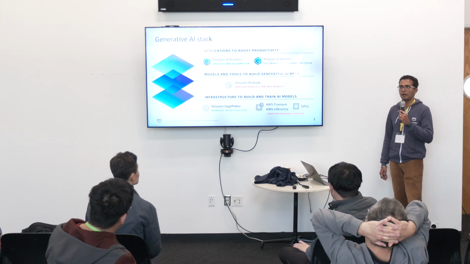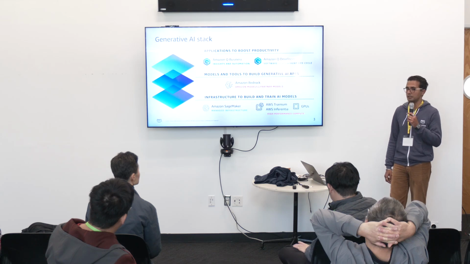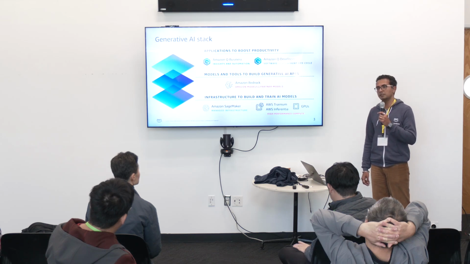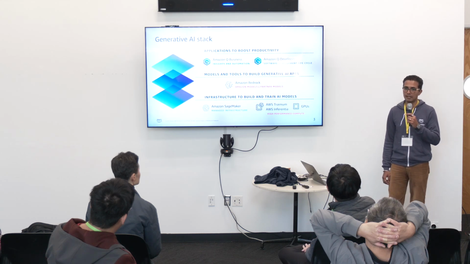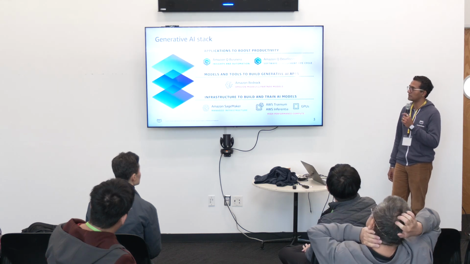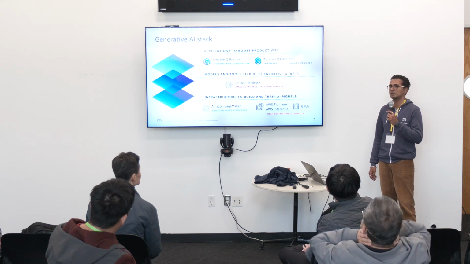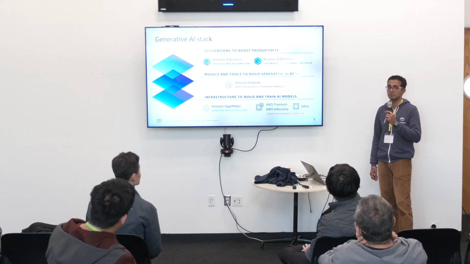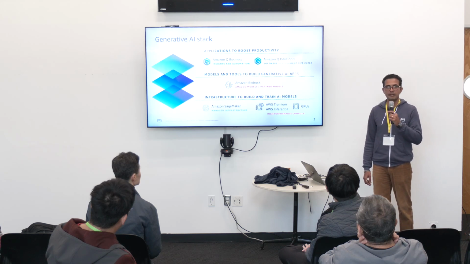And it all provides programmatically. So you don't have to provision any infrastructure. You don't have to pay for any servers. You basically use it as an API, and you pay for what you use. So that's the whole point of Amazon Bedrock, to make it easy for customers to build and deploy applications using generative AI. And at the very top is the application layer.